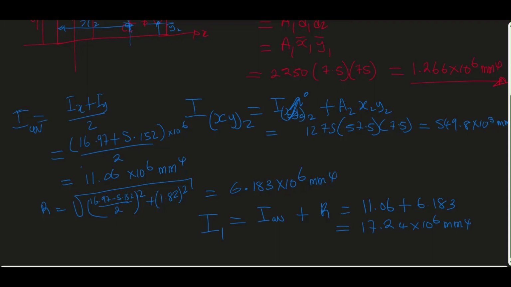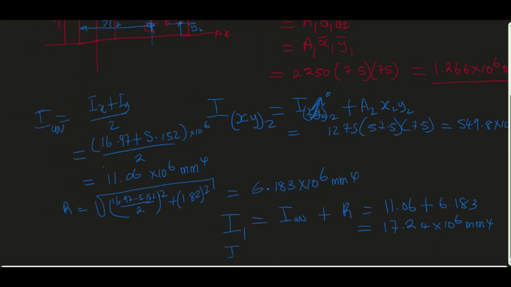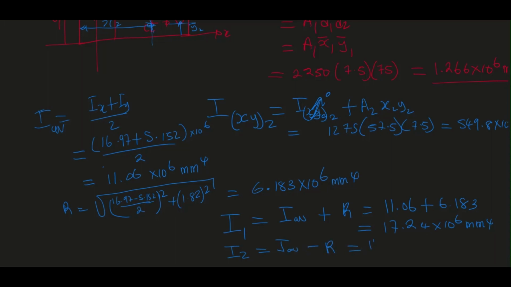And I2 is just the minimum, which is I average minus R: 11.06 minus 6.183, which is 4.88 times 10 to the power 6 millimeters to the 4th power.